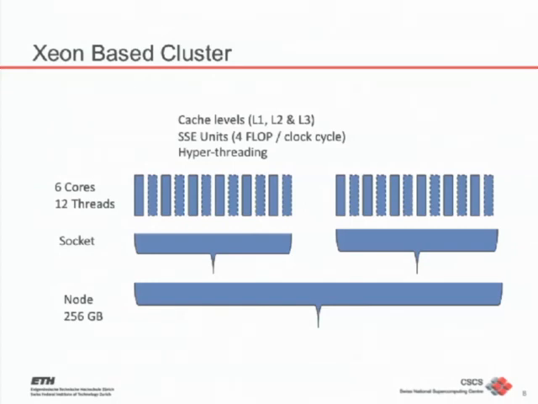If you go on to the machine Julia, which is a Xeon-based cluster here, it consists of 2 sockets, each with 6 cores. But if you look at it through another Unix command, if you just cat /proc/cpuinfo, that tells you how many processors you've got.